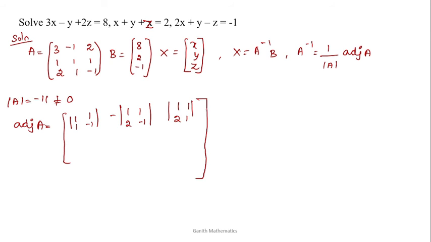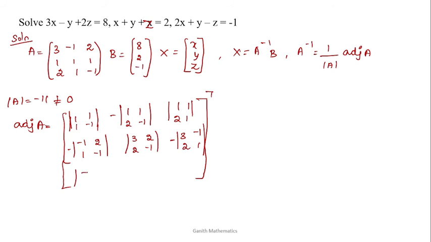And I am going to find the transpose of this. Okay, then next will be minus determinant of 1 2, 1 minus 1, then 3 2, 2 minus 1, then 3 minus 1, 2 1. Then I have to put a negative sign here.